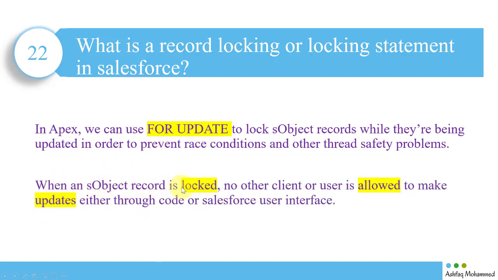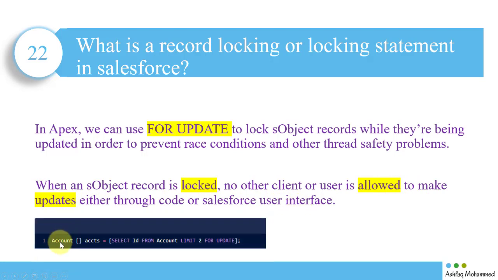When an sObject record is locked, no other client or user is allowed to make updates, either through code or the Salesforce user interface, okay? So we can do it like this: account accts = select Id from Account limit 2 FOR UPDATE.